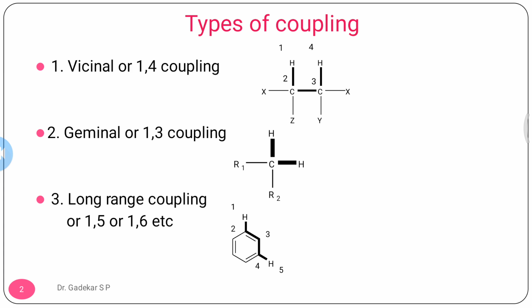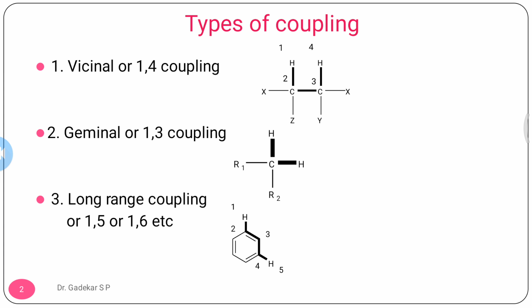There are three types of coupling: first is vicinal coupling, second is geminal coupling, and third is long range coupling. Vicinal coupling is also called 1,4 coupling, geminal coupling is also called 1,3 coupling, and long range coupling is also called 1,5 or 1,6 type of coupling.